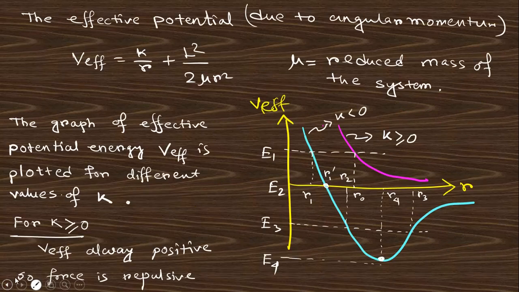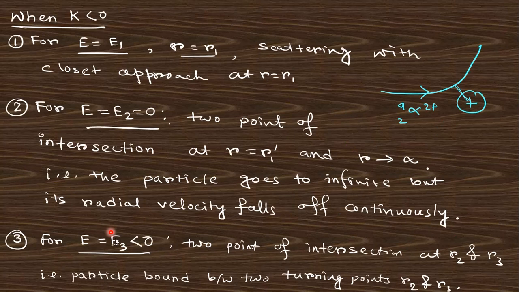Next is E3, where there are two intersecting points. At these two positions the energy condition is satisfied. The particle is bound between these two turning points, which means the particle oscillates in this way.